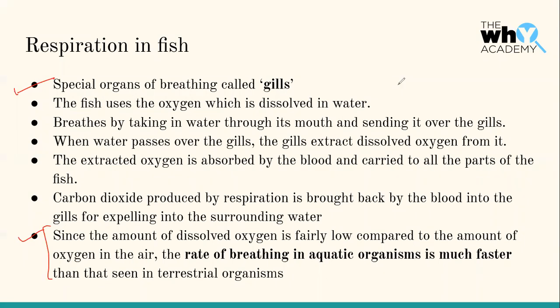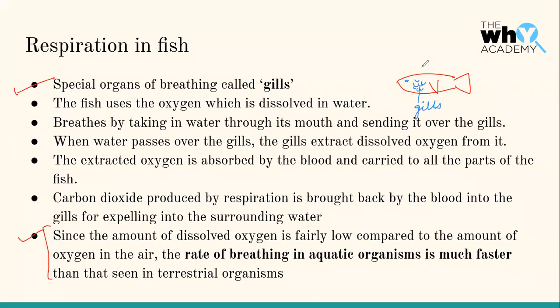Right, so fish, if you would have seen fishes, this is how they look like, and you have an eye here, and just above the fin or maybe below the eye, near the eye region, you have some shapes like this. This is what is called the gills.